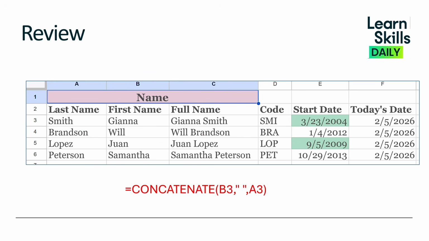Here we have an example of a function manipulating text, and it's called concatenate, where we took the first name and the last name and put it together with a space in between. We also merged cells. We also used dates and some functions that can perform calculations on dates.